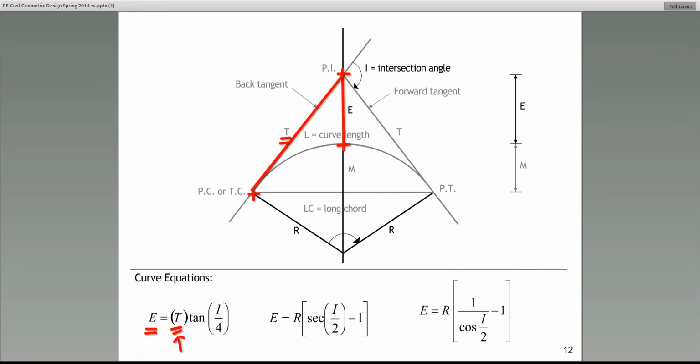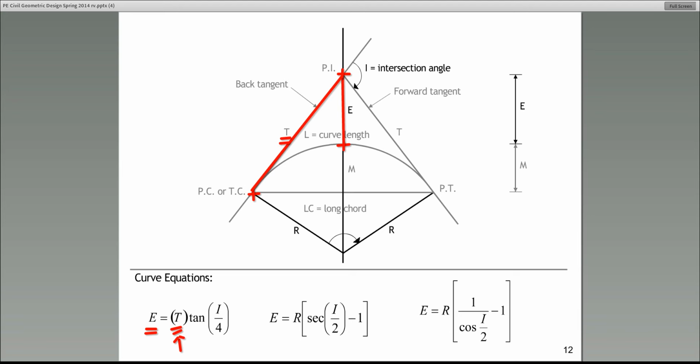Let's assume that they ask you to find the external tangent for a given curve. If you know the tangent distance, capital T, and if you know the intersection angle, I, then you can substitute it in here and find the external angle. I said the external angle, which I made a mistake. It's external distance. All right?